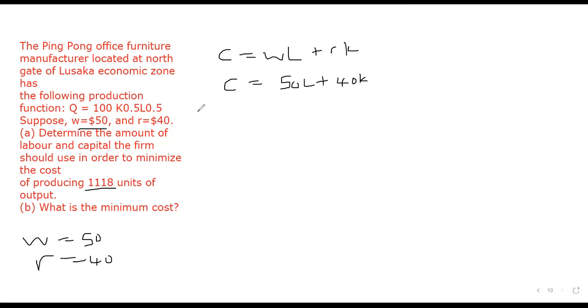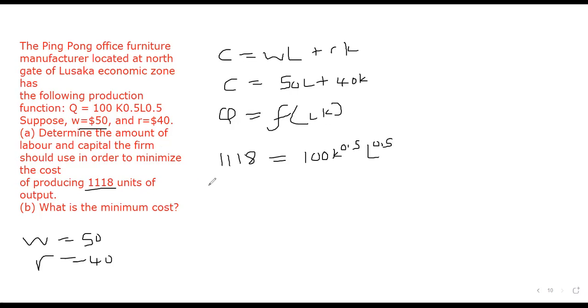The units are for the output. So we know that output is always in terms of the function, labor, and capital. So we're given the output, 1118 units, which should be equal to our function of output, which is 100 K half and L half.